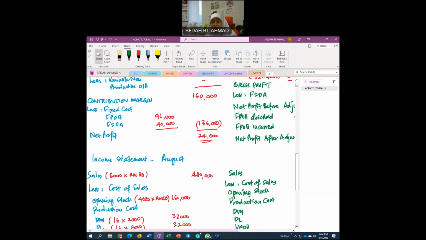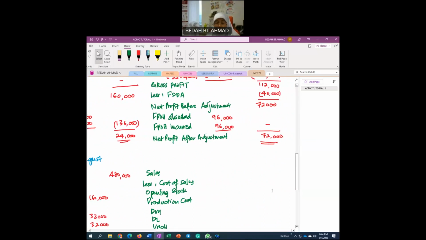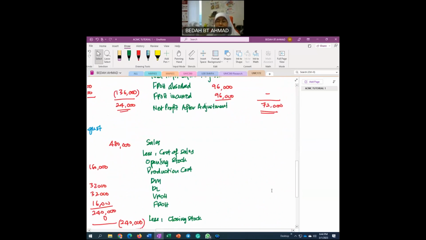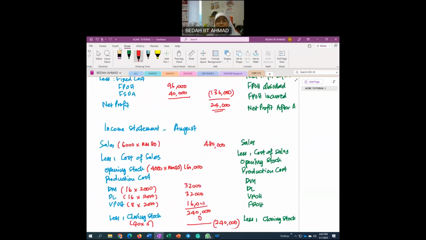Okay, then we'll do the income statement for absorption costing. So absorption costing in August. So sales similar, 480,000. Okay, so this is the income statement for August.